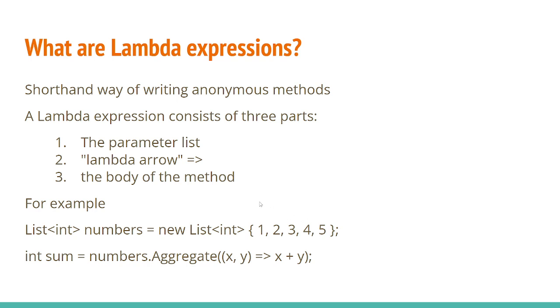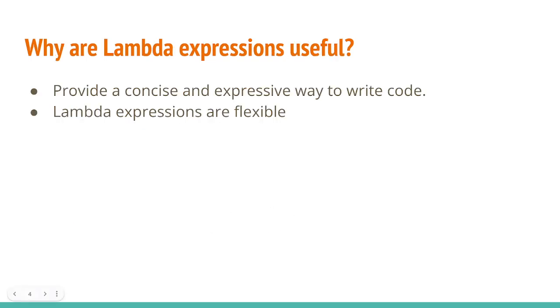Okay, so let's see why lambda expressions are useful. Lambda expressions provide a more concise and expressive way to write code, like anonymous methods. By eliminating the need to declare a separate named method for single operations, lambda expressions allow you to focus on the specific logic you need to implement rather than the boilerplate code required to define a method.